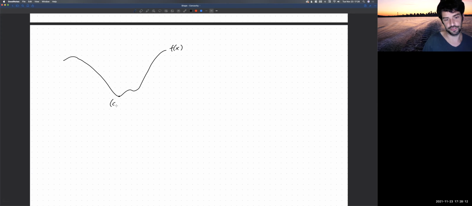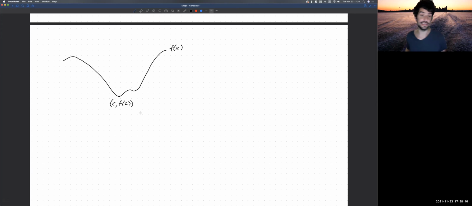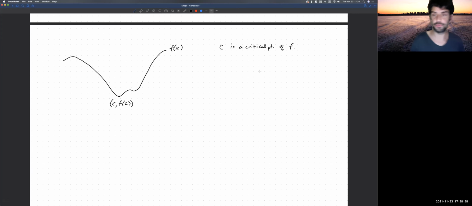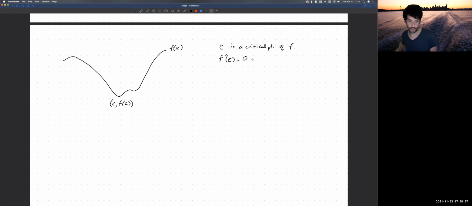Let's call this point c, f of c. And let's say c is a critical point of f, right? And for simplicity, because of the way I've drawn it, it looks like the derivative is equal to 0 at that point, right?